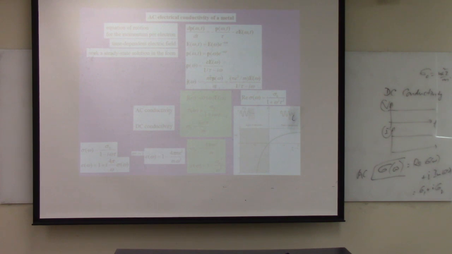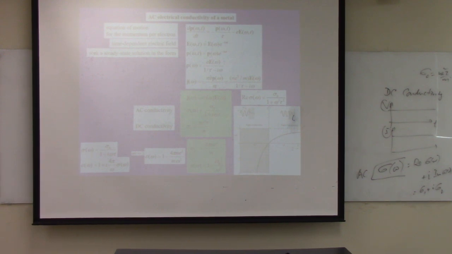Okay, so now let's see how we connect this E and x. This is because we are responding to some external electric field, right? So then if I write my Newton's second law, if I have a particle with charge e and mass m, how do you write the Newton's second law?